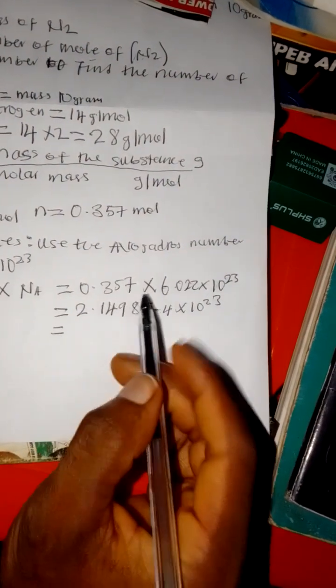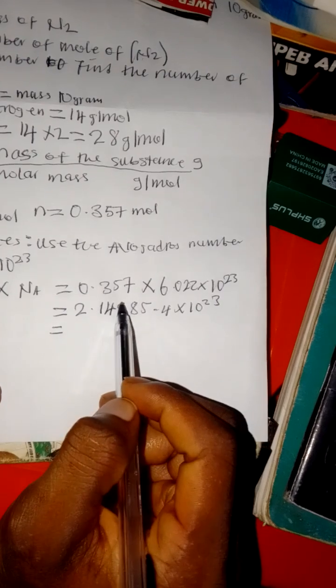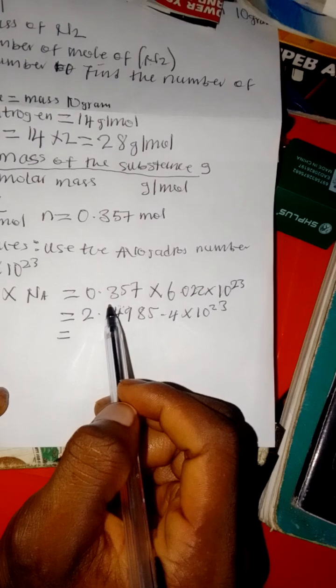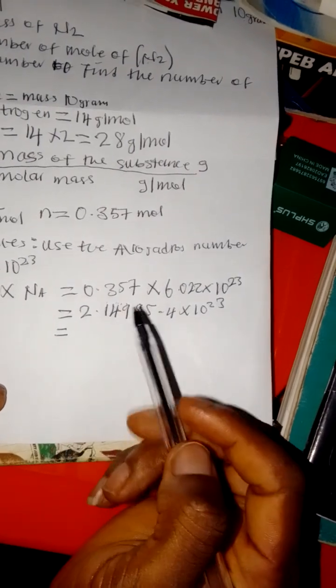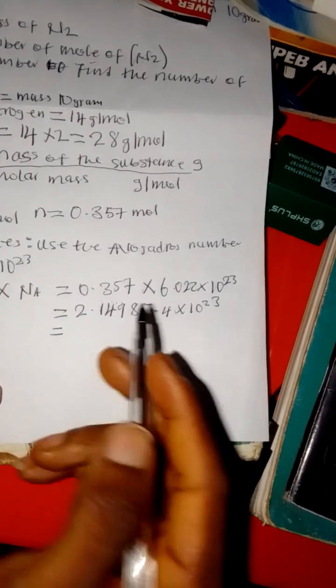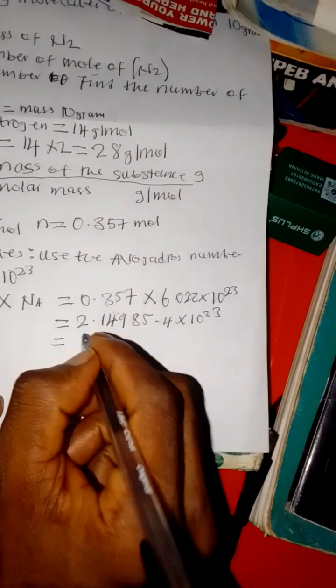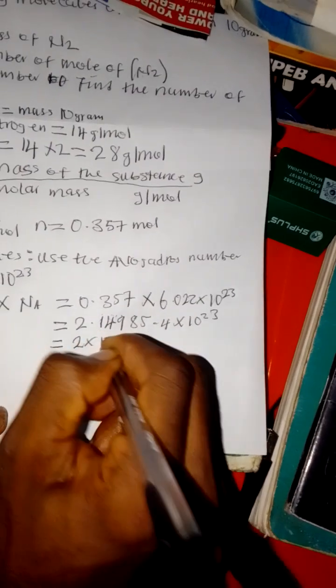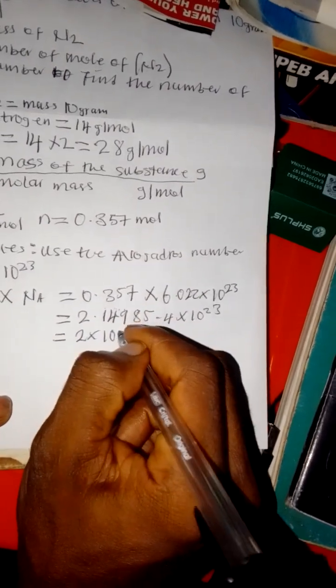To do the approximation, you will check from here to here is 5, then from here to here it should be 2.1 or 2.2. So we can't use 2.2 because it's not up to the rounding figure. So we leave the answer as 2 times 10 raised to power 23.